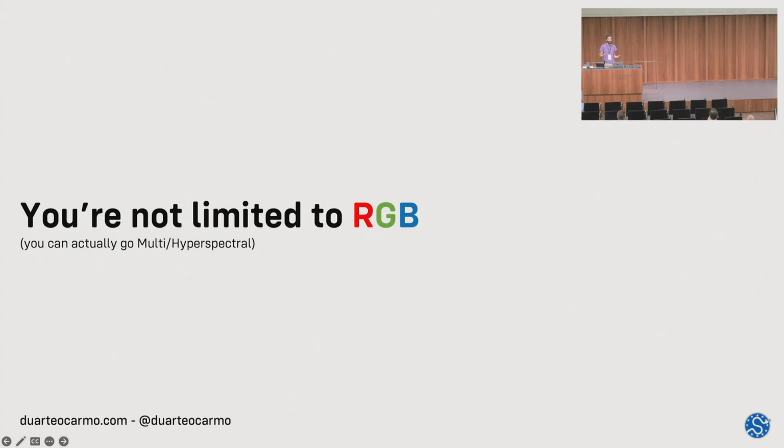Like I was talking about before, Sentinel-2, for example, might have a total of 11 bands. Some of them your eyes cannot even see. But you can leverage them for computer vision applications. You can take those bands and integrate them into your neural network to take advantage of things that our eyes cannot see. So you can go multi or hyperspectral in some of these cases, which you might not expect to do.